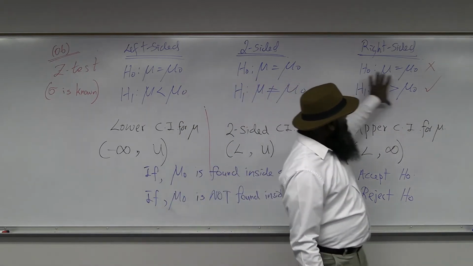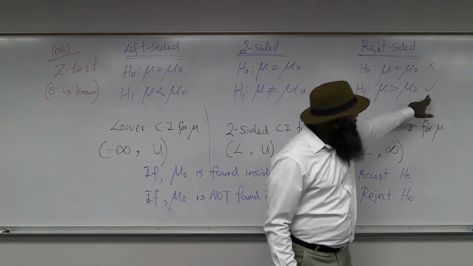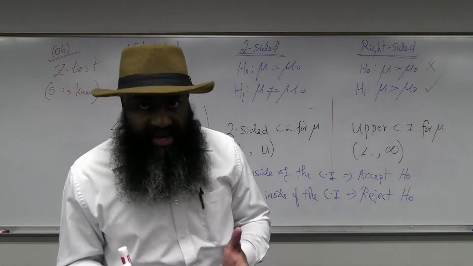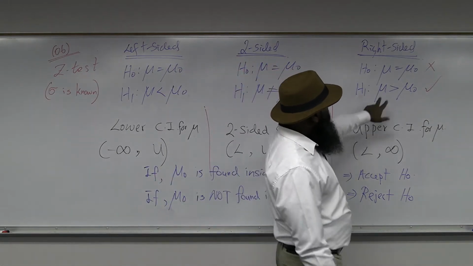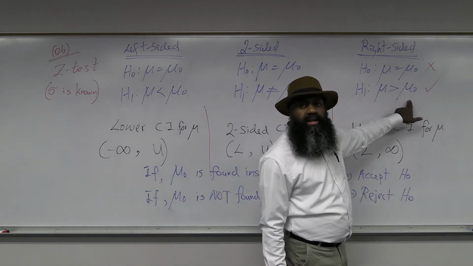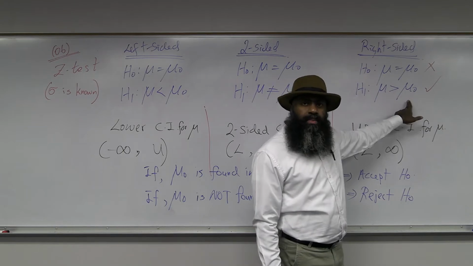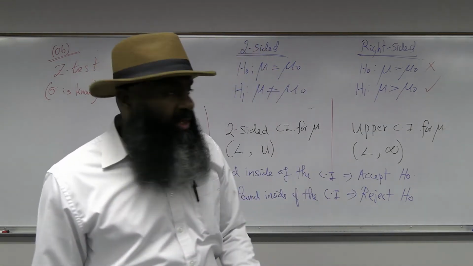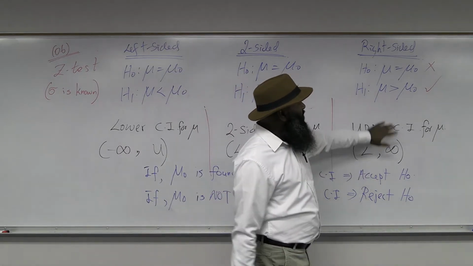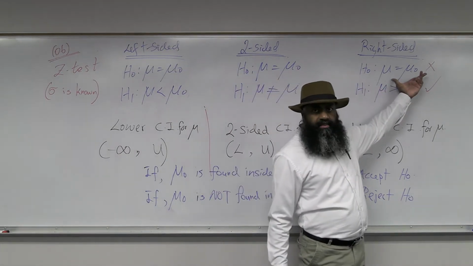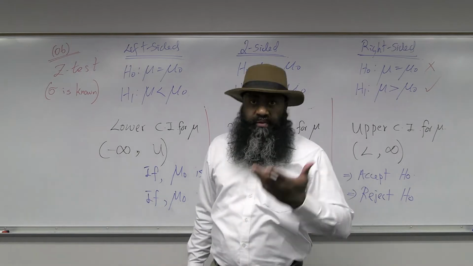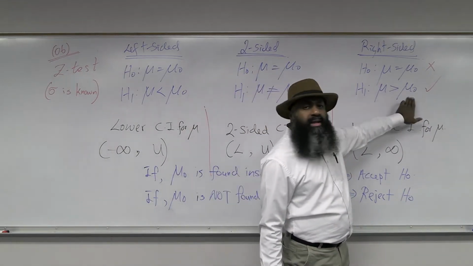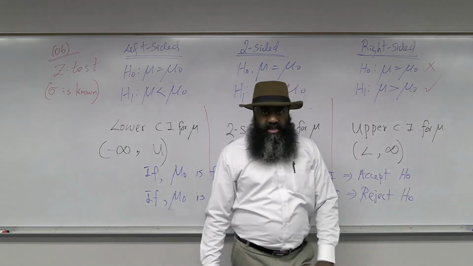So we have to interpret it as that. Now because this is correct, we say we have statistical evidence to conclude that the true mean is larger than the given value mu0. We can also specify the probability level. So if you use a 95% confidence interval to obtain this conclusion, you can say with 95% probability, we conclude that the true mean is greater than the given value mu0.